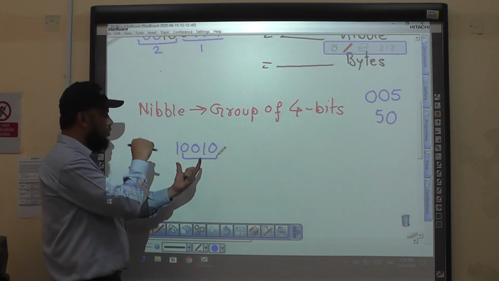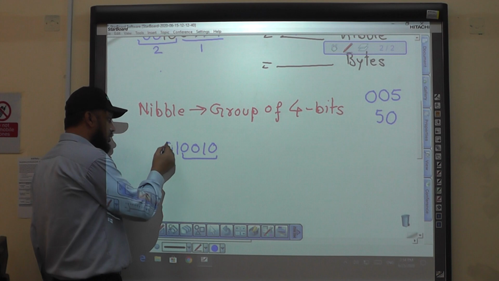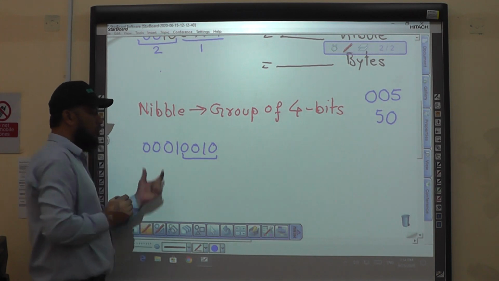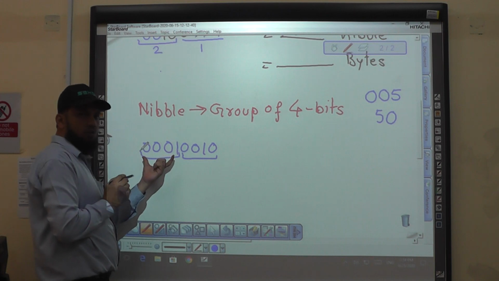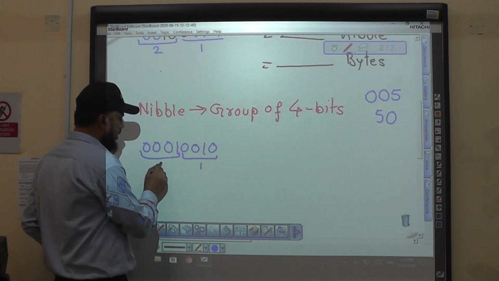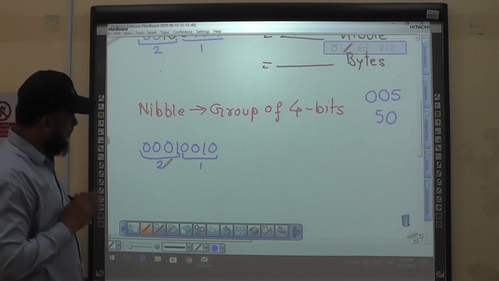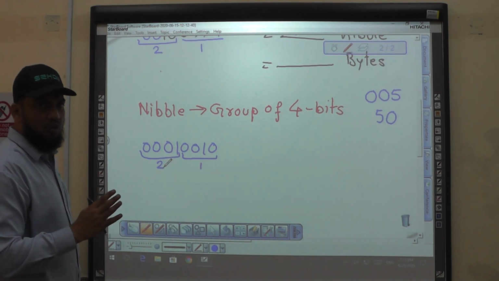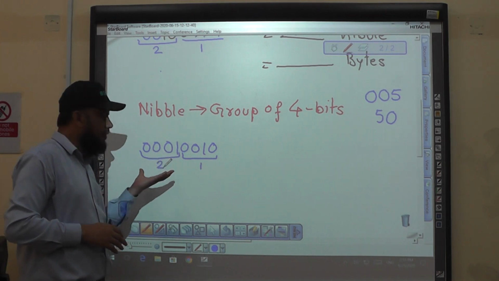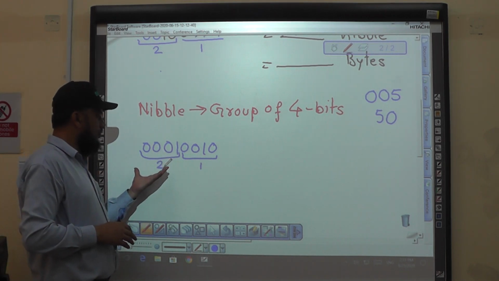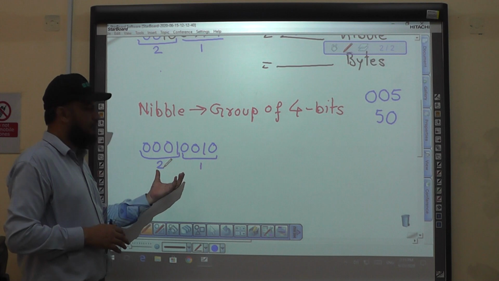To make a group of 4, we require 3 more zeros. So this will become 1 more group: 1 nibble, 2 nibbles. Understand? I am sure you will understand how to make a group of 4 bits as 1 nibble.